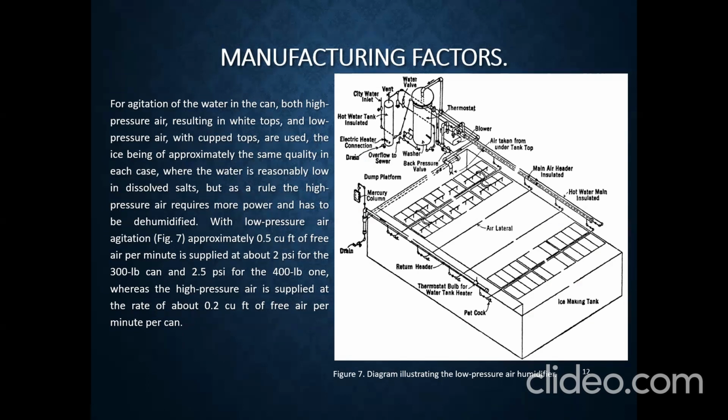With low pressure air agitation, as in figure 7, approximately 0.5 cubic feet of free air per minute is supplied at about 2 psi for a 300-pound can and 2.5 psi for a 400-pound one, whereas the high pressure air is supplied at the rate of about 0.2 cubic feet of free air per minute per can.